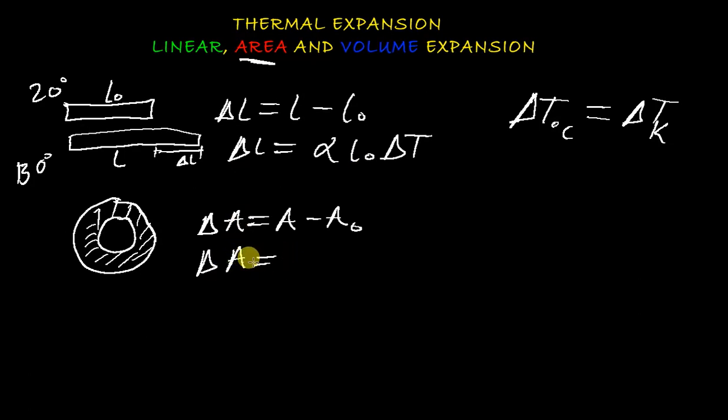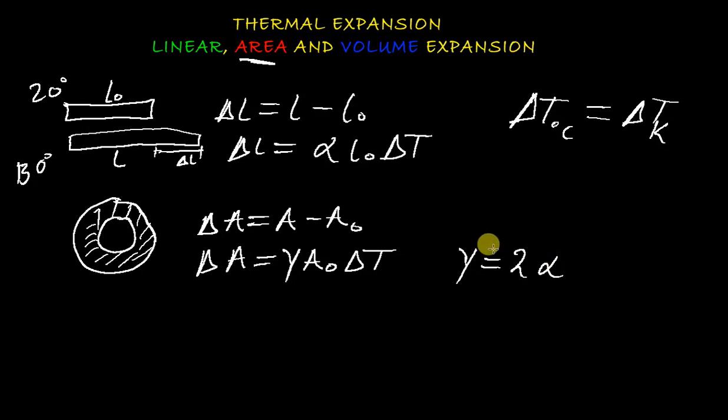In terms of the formula, it's also just the same, but in this case we're not going to use alpha, we use gamma. So the change in area is equal to gamma times the initial area times the change in temperature. This gamma will not be given. The coefficient of linear expansion, alpha, is always given, but gamma will never be given in an exam. So how do you find gamma? You find gamma by using this simple formula, which is gamma is approximately equal to 2 alpha.